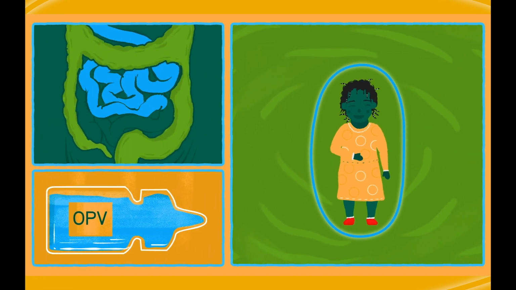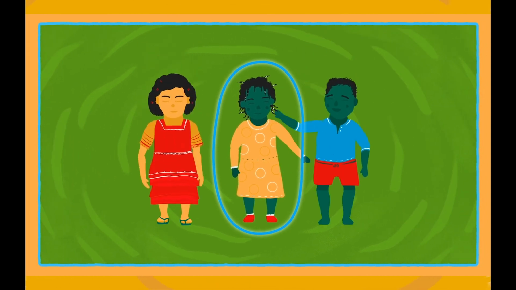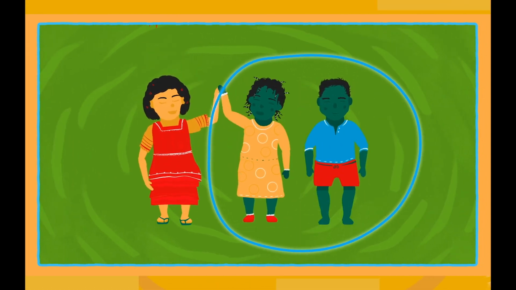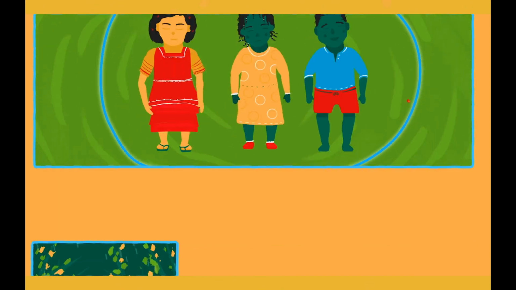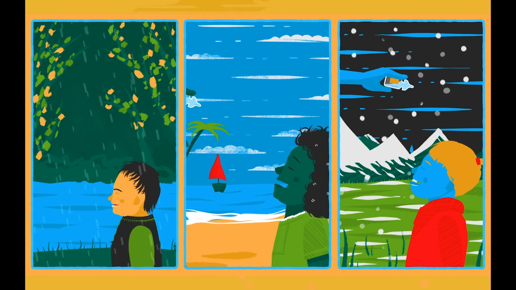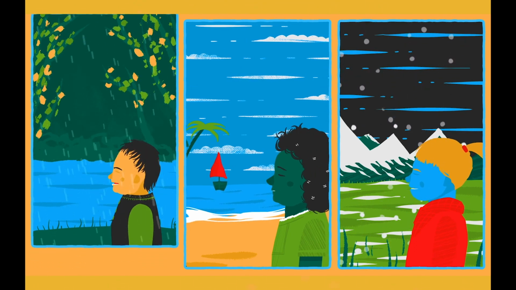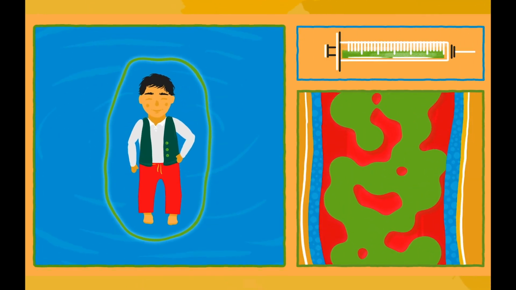The oral polio vaccine builds protection in the child's intestine. This vaccine not only protects the child who receives it, but also protects others around the vaccinated child. Several doses of the oral polio vaccine should be given to every single child in places where polio is a threat. The injectable vaccine builds protection in the blood instead of the gut.